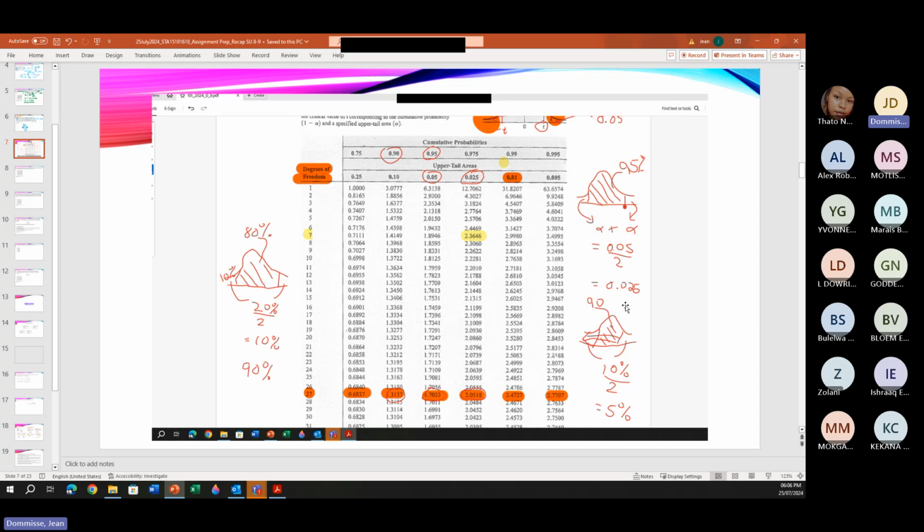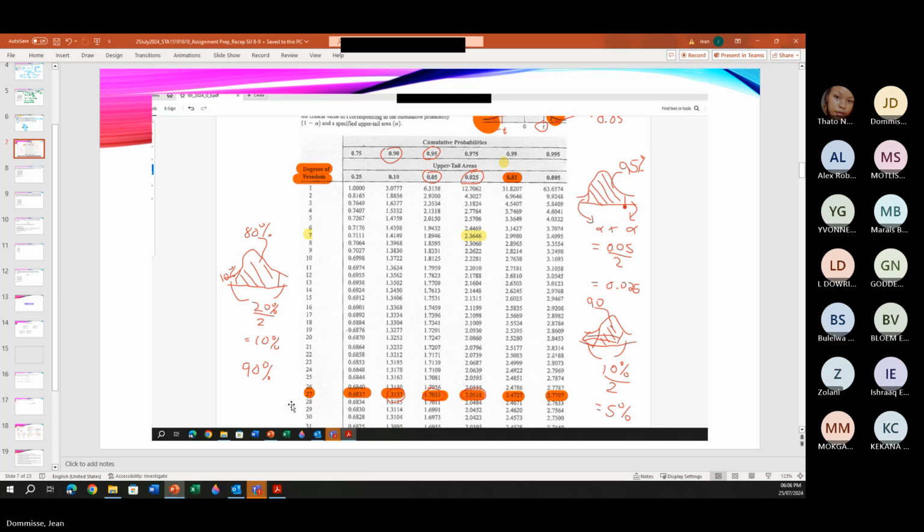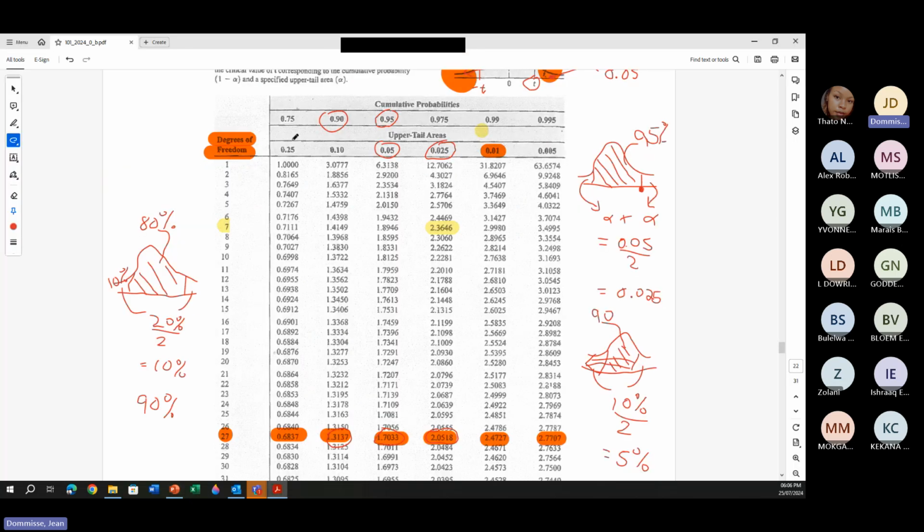So we are nearly looking at all the possibilities. So yes, they normally don't ask us 80 percent, but they told us to use the T table, then it is okay to use it in that way.